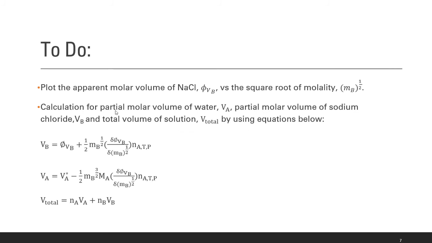This calculation is done using the following equations, which are this. Now these are all given, so this is the gradient of the plot that you'll be plotting. So from the gradient, you get this value.